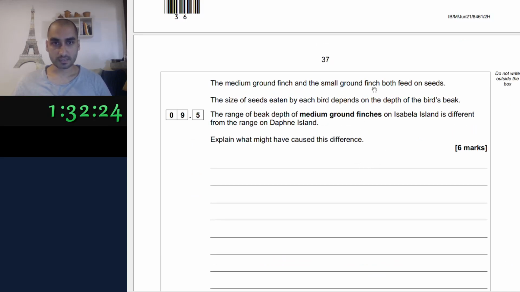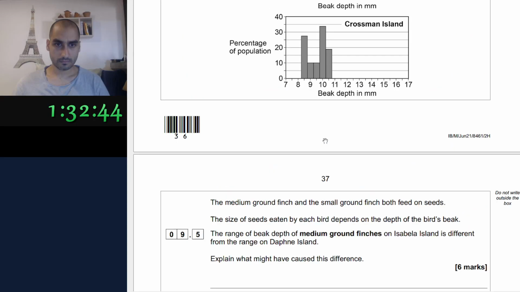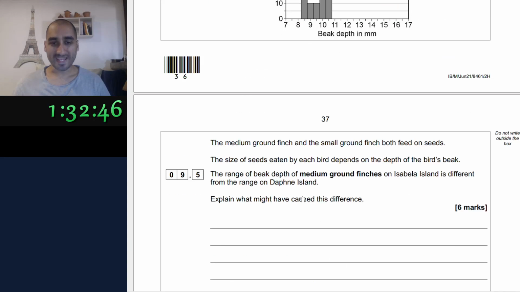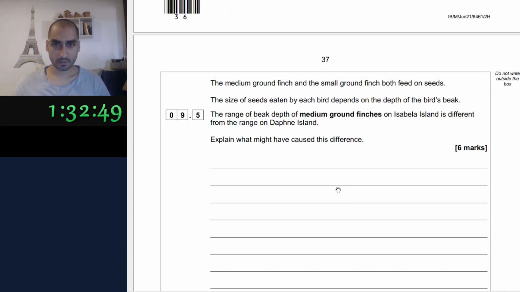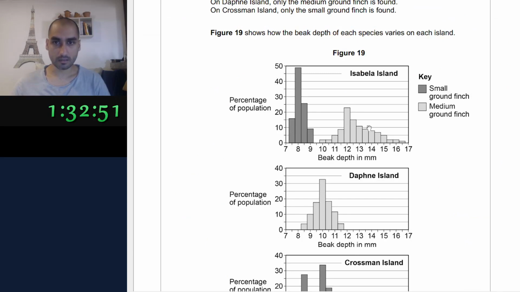Both feed on seeds. The size of seeds eaten by each bird depends on the depth of the bird's beak. The range of beak depth of medium ground finches on Isabella Island is different from the range on Daphne Island. Explain what might have caused this difference. Okay, let's write this out.